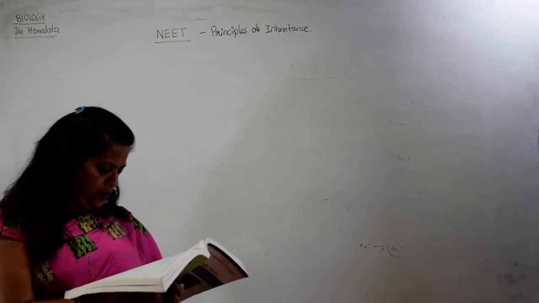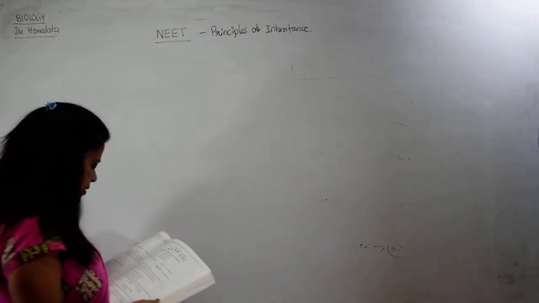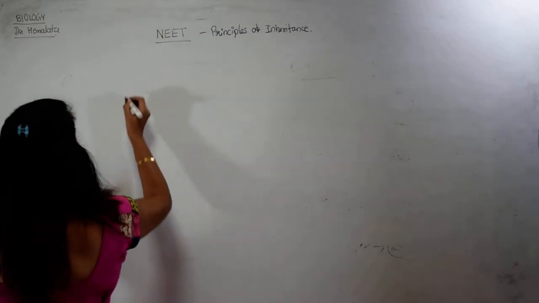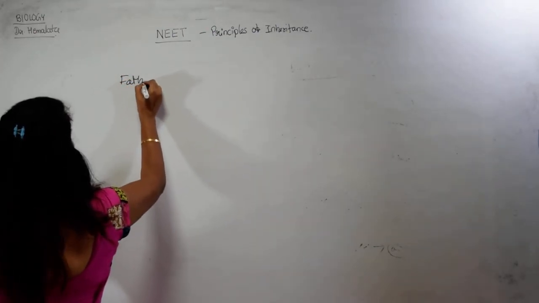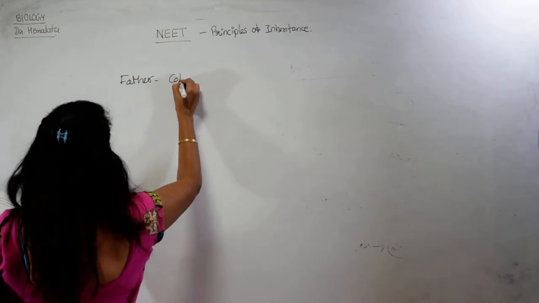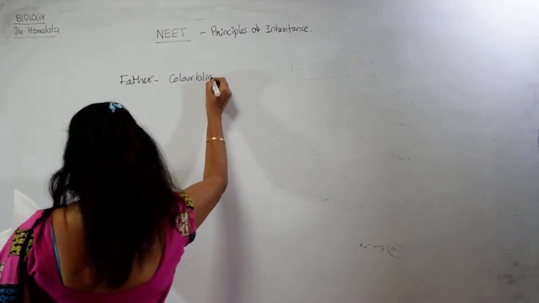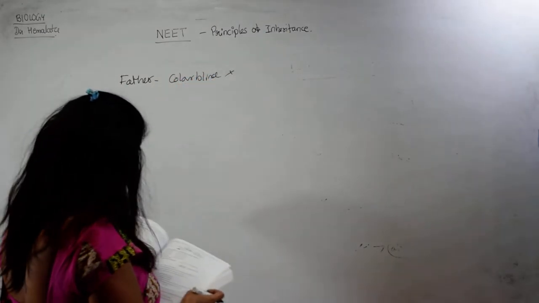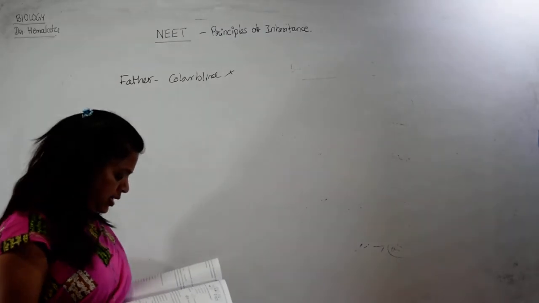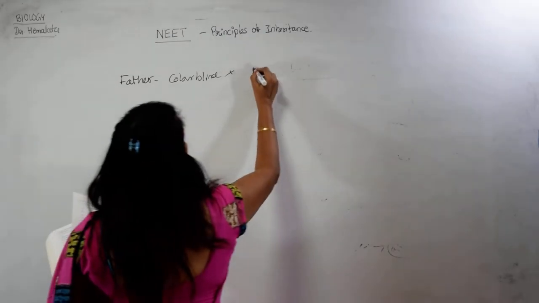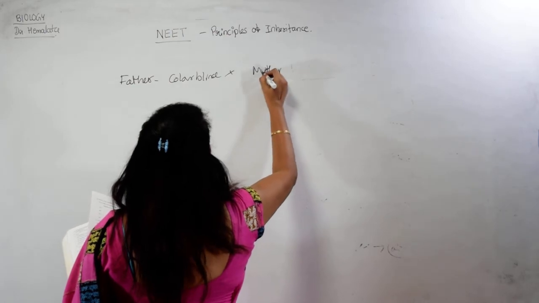They said that the father of a child is colorblind. So there is one child. The father, the male, is colorblind. Then what they said, and mother is carrier. Mother is a carrier.